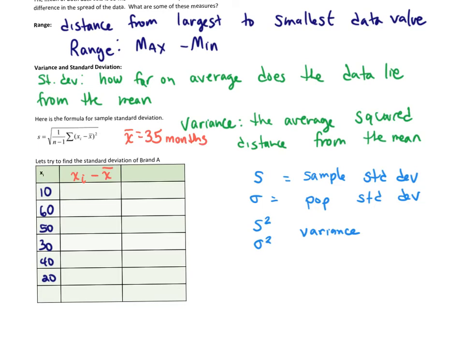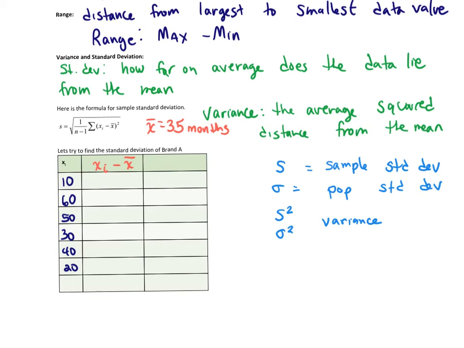So 10 minus 35 is negative 25. 60 minus 35 is 25. 50 minus 35 is 15. 30 minus 35 is negative 5. 40 minus 35 is 5. And 20 minus 35 is negative 15.